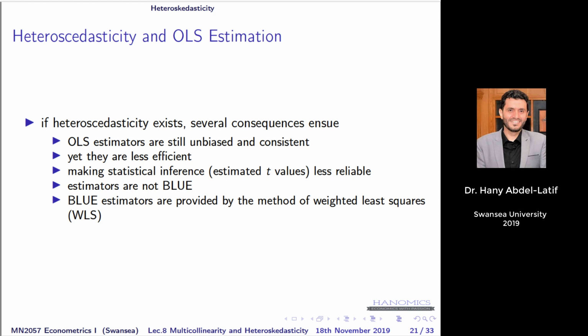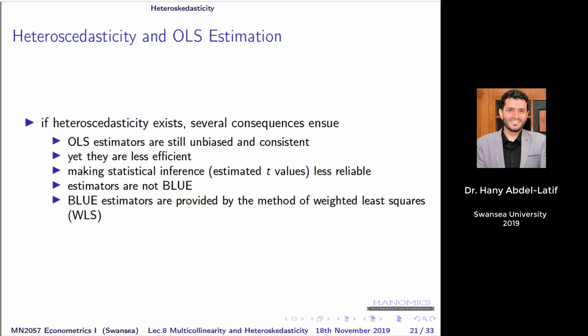Now, given that our errors are heteroskedastic, with unequal or non-constant variance, the OLS estimator is not the best, not efficient. So it affects the efficiency of your estimator, and that also affects the statistical inference, which depends on the estimated t values, and these become less reliable.